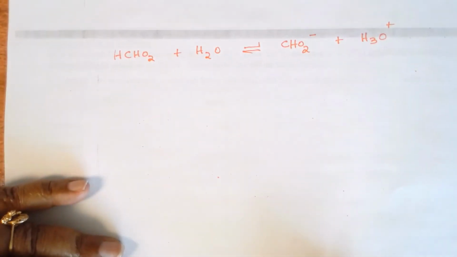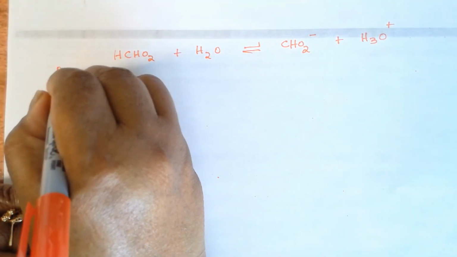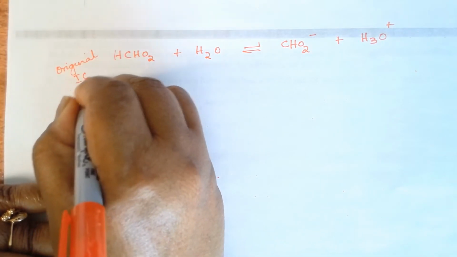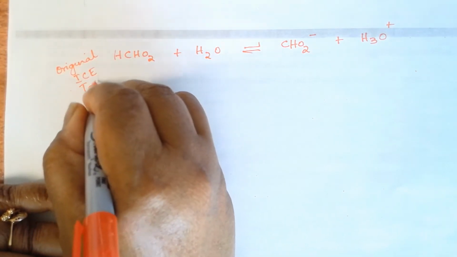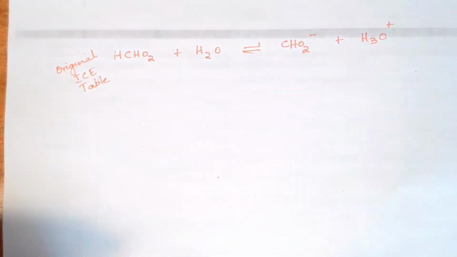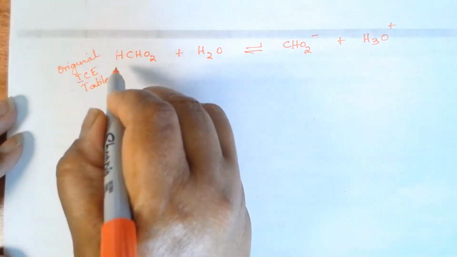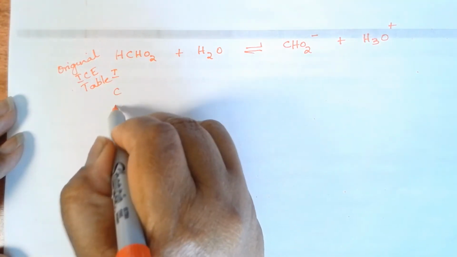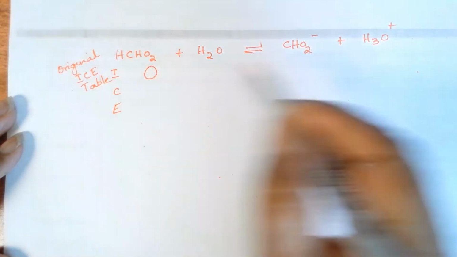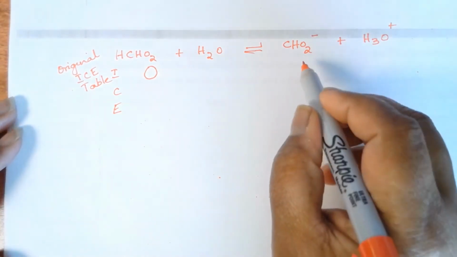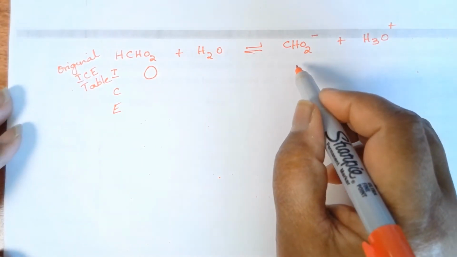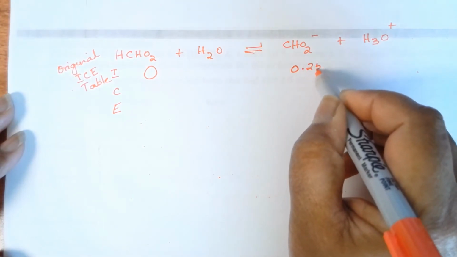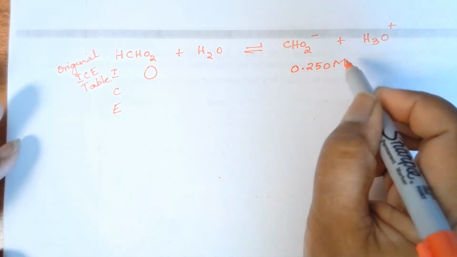So this was the original ICE table. Now the initial concentration here is 0, and the initial concentration though is 0.250 molar.